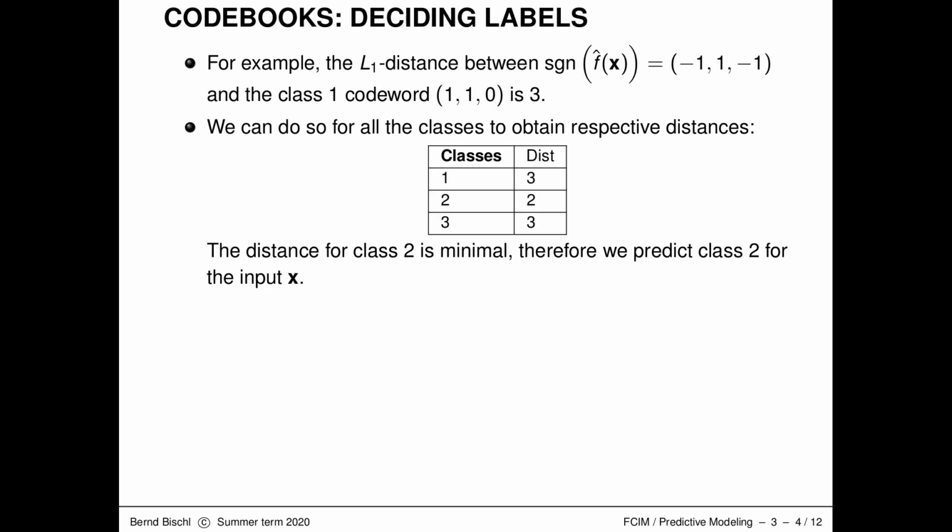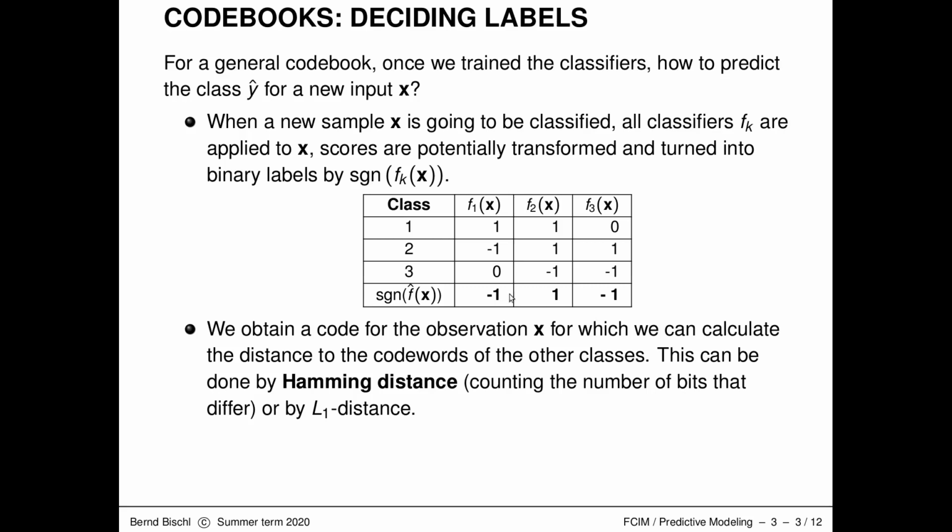Now here's an example. Maybe I'm producing this code word here, which is exactly the one that I put into this example here. I can now easily compute the L1 distance. So I can, for example, compute the distance from this guy to this guy. That would be 3, because there's a 2 difference here and a 1 difference here. I can compute the distance to this guy here.